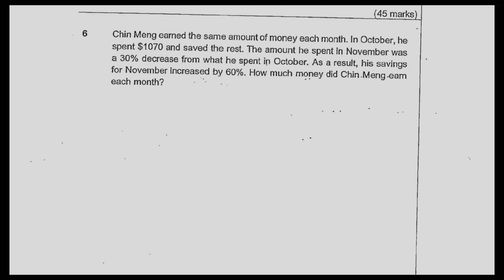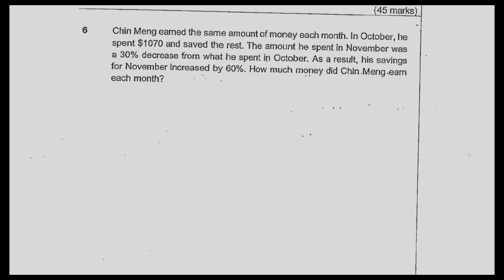So let's do this question. He earned the same amount of money each month. In October, he spent $1,070 and saved the rest, and he also earned the same amount of money in November. When we see same amount of money, and we see October and November, we immediately think that we should draw a model.